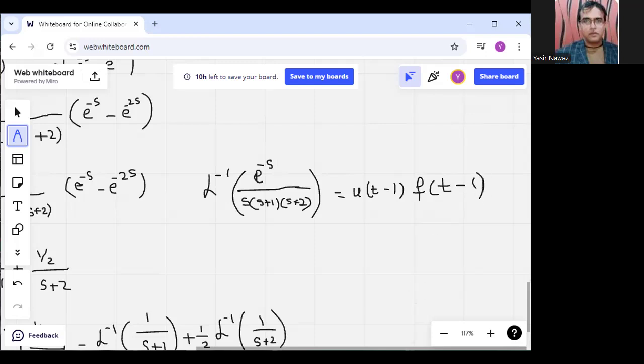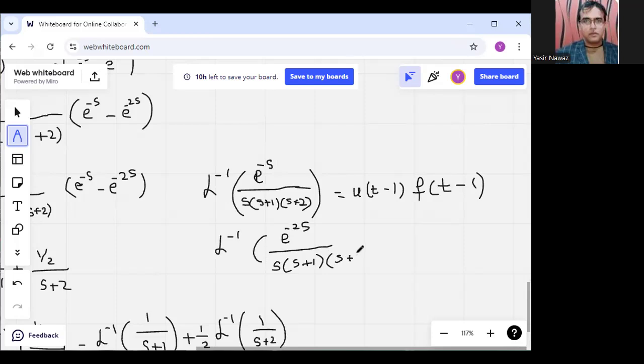So similarly, I will find the Laplace inverse for the second quantity. The Laplace inverse of e power minus 2s, first I write this thing, s into s plus 1.